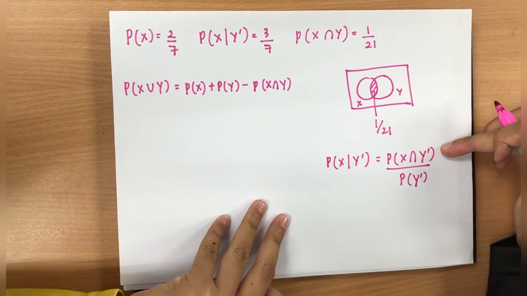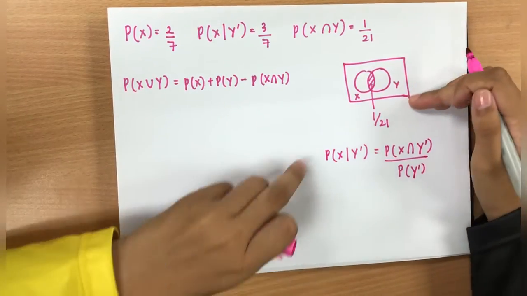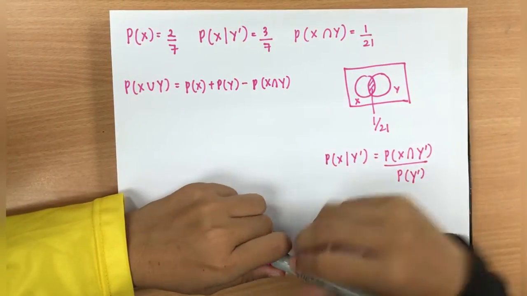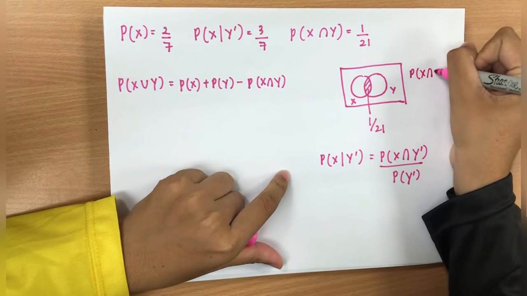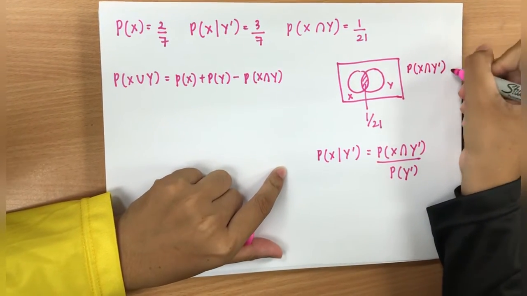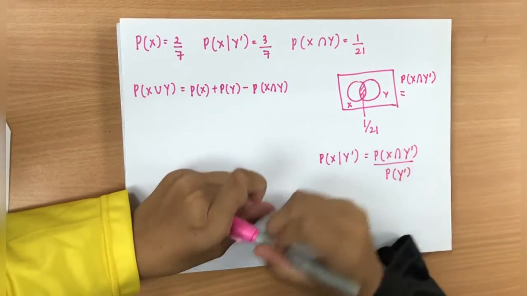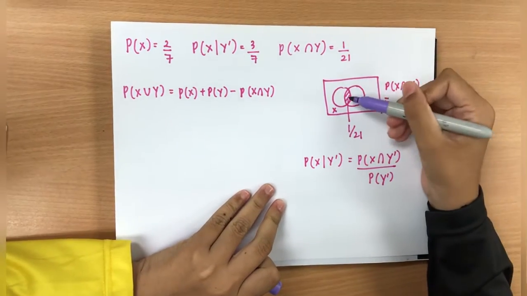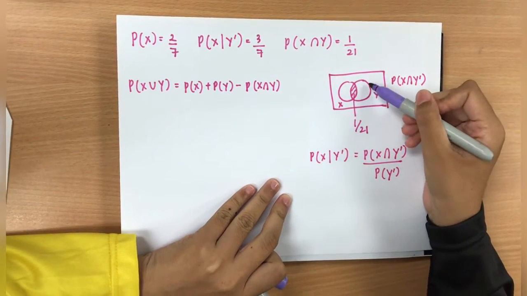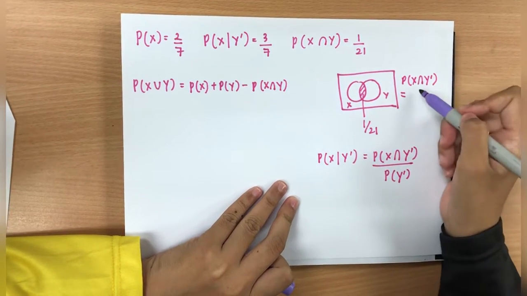Probability X intersect Y prime we can find in this Venn diagram. This is Y prime, X intersect Y prime.